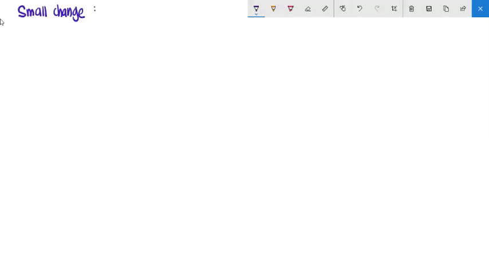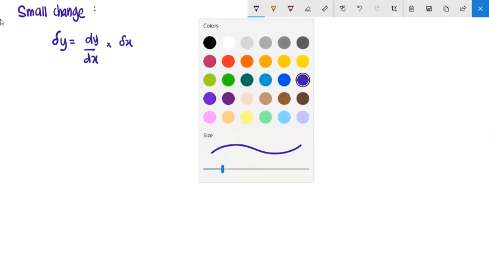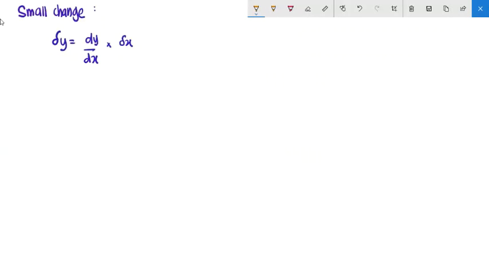Simple je dia punya equation. D, a bit bengkok sikit dia punya D tu. dy is equal to dy over dx times dx. And sama jugalah macam tadi, ini dia akan derive from the equation.